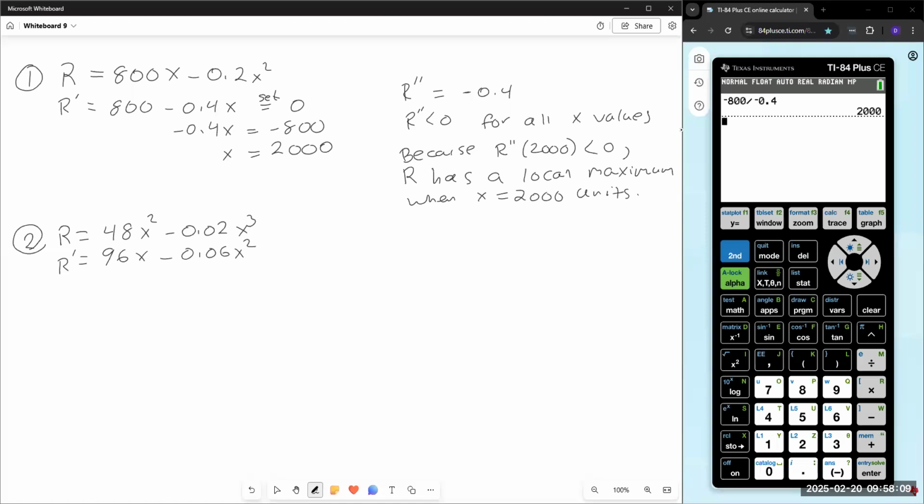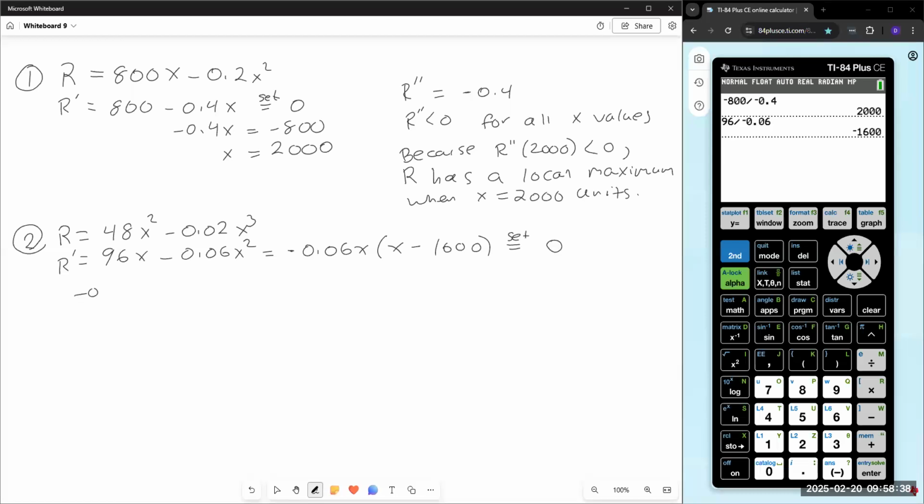And that factors into negative 0.06x times x minus 1,600, where 96 divided by negative 0.06 is negative 1,600. We're going to set that equal to 0.